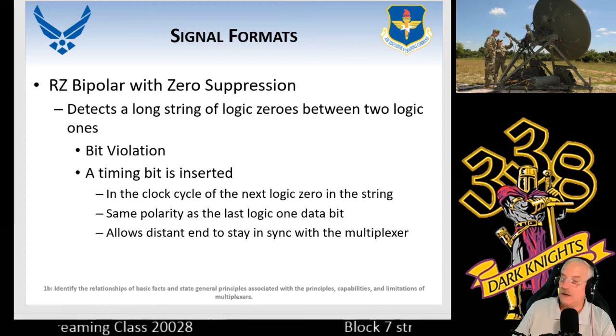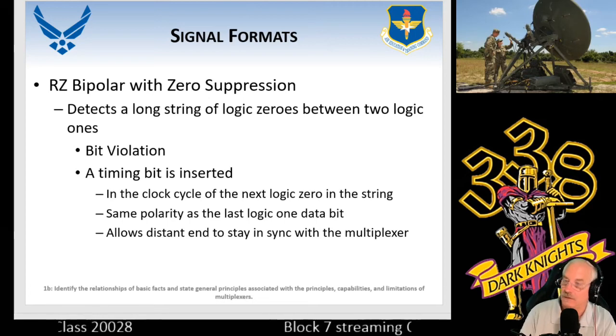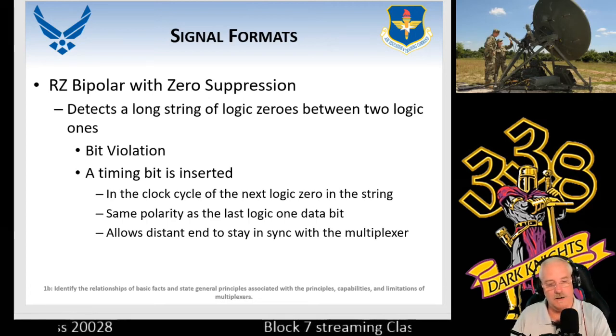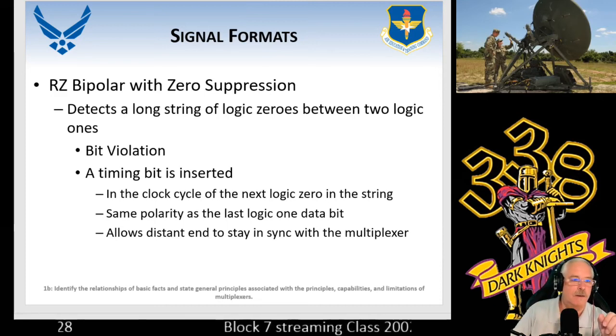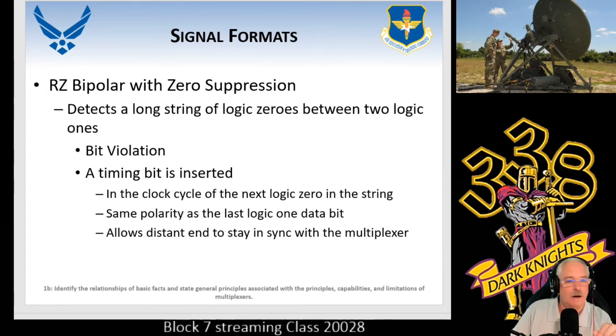In other words, you got 3 zeros, the 4th zero is going to throw a bit violation. And there's much more along with it. We'll get it in just a minute. Again, the words alternate mark inversion mean it's bipolar, always associated with the word RZ.